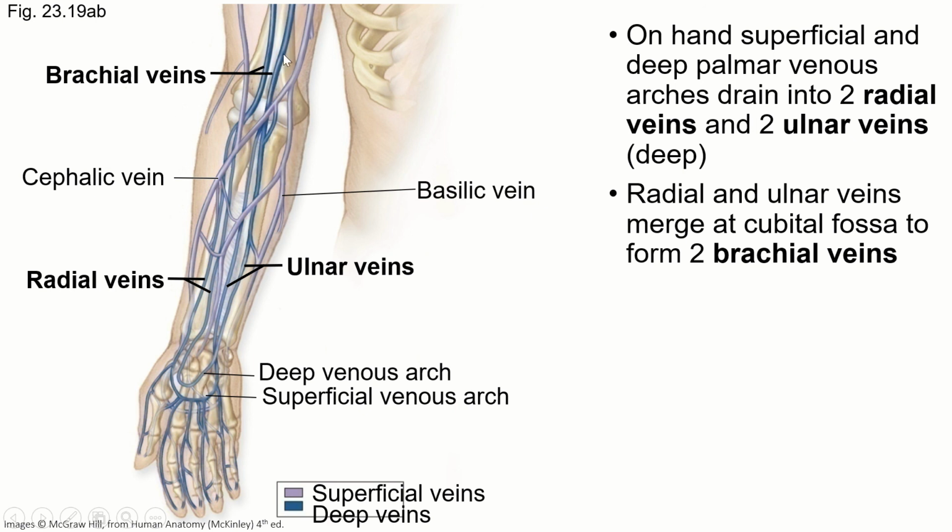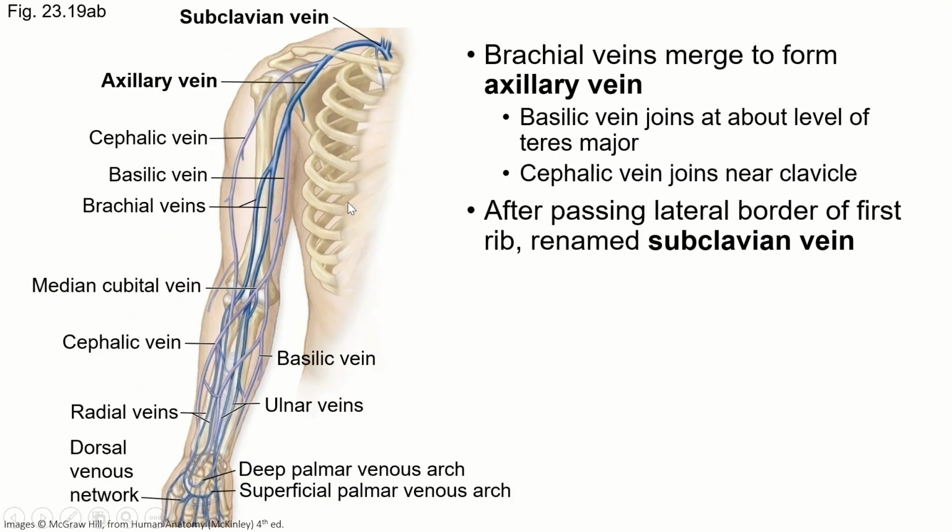The 2 brachial veins then travel up the humerus and fuse together into a single brachial vein, which fuses with the basilic vein. So notice the basilic vein goes all the way up the medial side of the arm, all the way into the armpit.